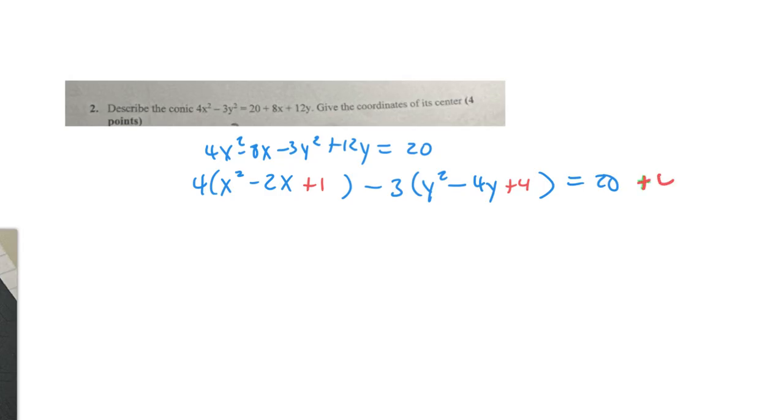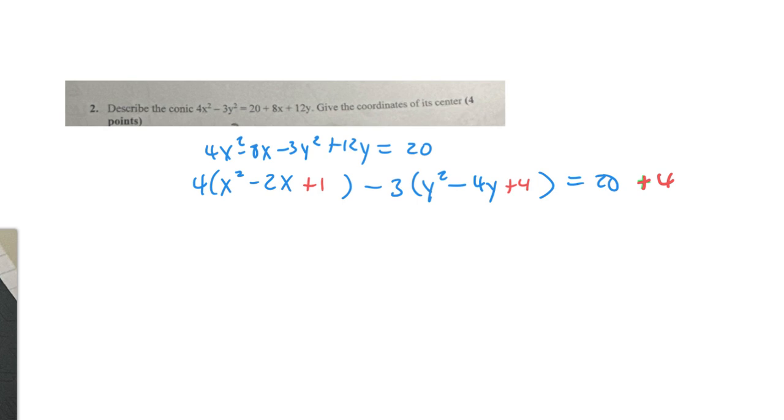Okay, so when you're completing the square to create the equation of a conic, the completing the square process is a little bit different in that you do want to balance things out on the other side.